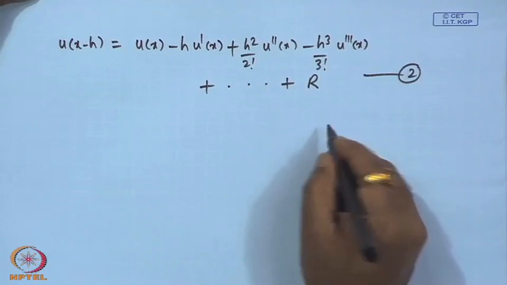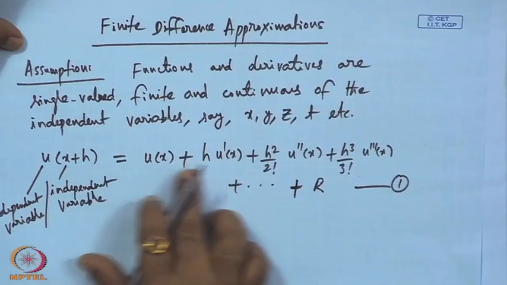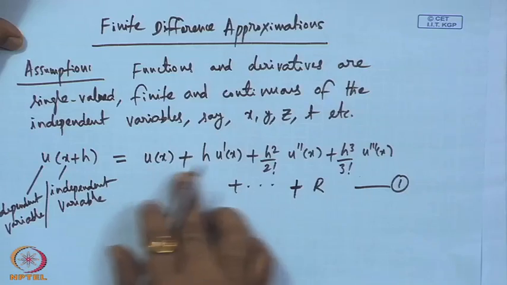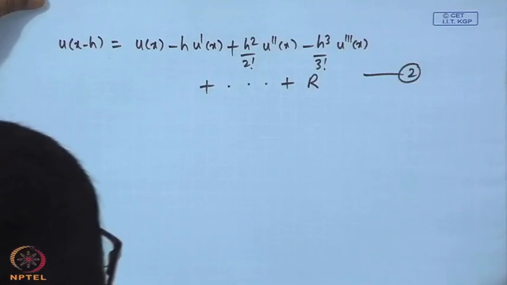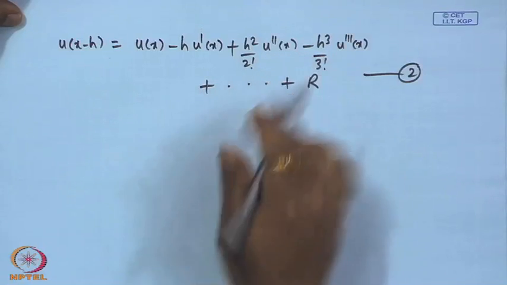So, we had 1, this expression, and then 2, with alternate signs.